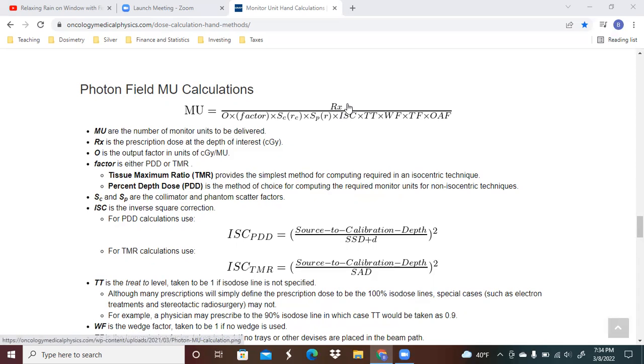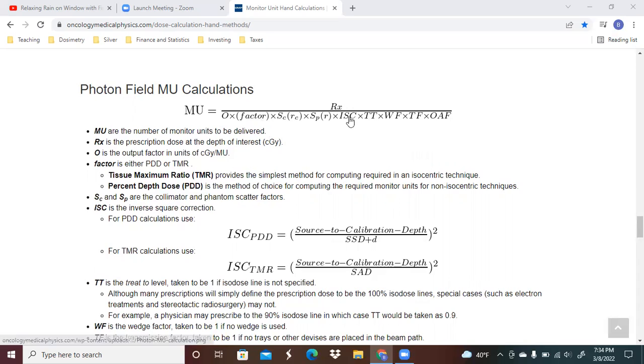That's what you're going to be putting up here. This dosage amount, if all of these factors under here were 1, would equate to the number of monitor units that you need. Now, we all know that's not going to happen because there are several other factors here that you have to be concerned about as you go through. But if all of these factors were in fact 1, then the Rx would equal the number of MUs, but obviously that's not the case.